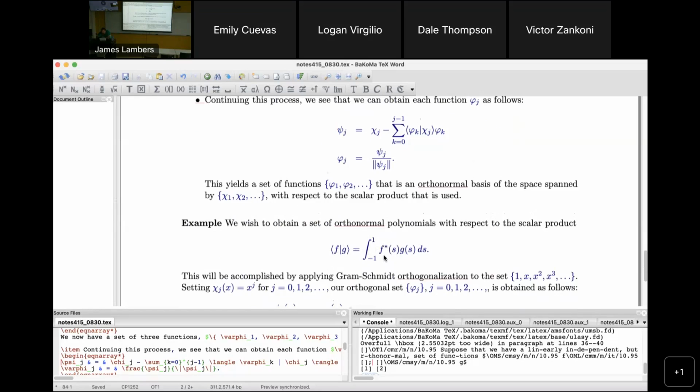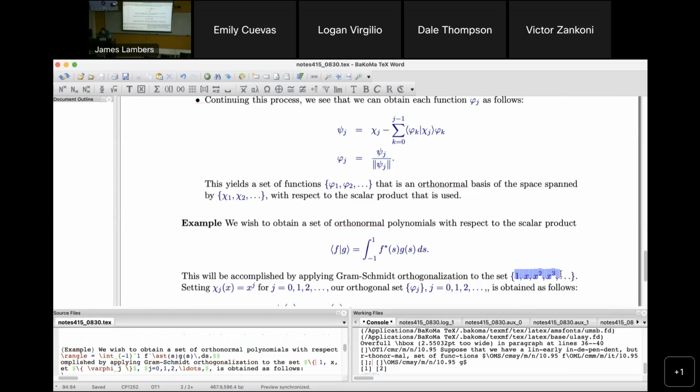So we want polynomials that are orthonormal on the interval -1 to 1. Our non-orthogonal set that we'll orthogonalize using Gram-Schmidt is the set of monomials that I mentioned earlier: 1, x, x squared, x cubed, and so on.